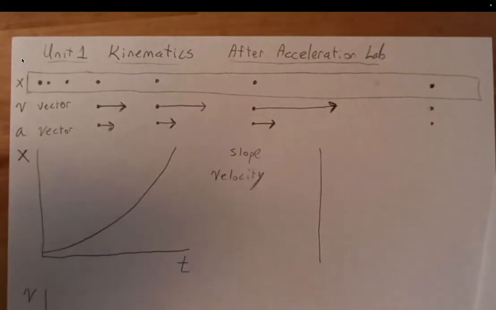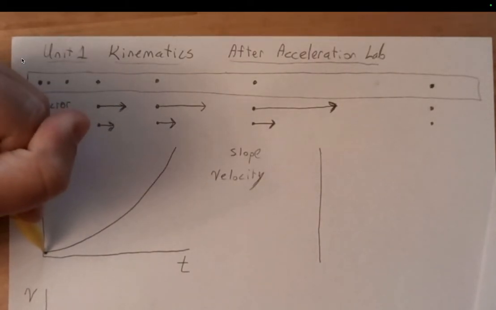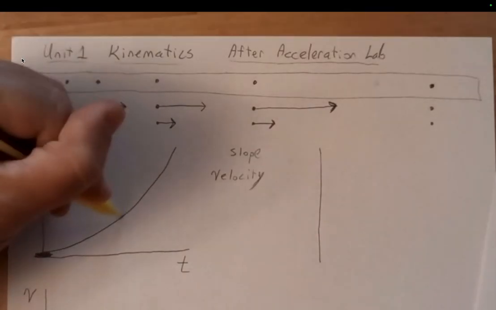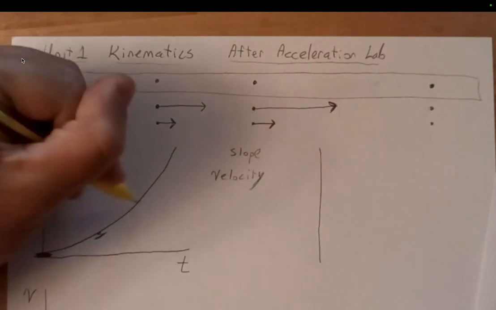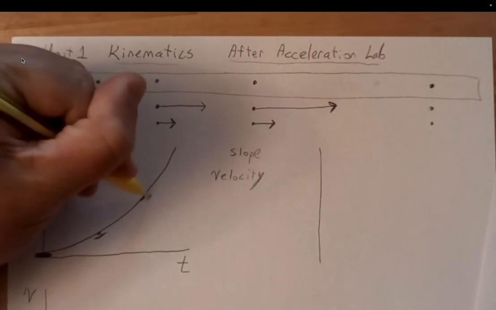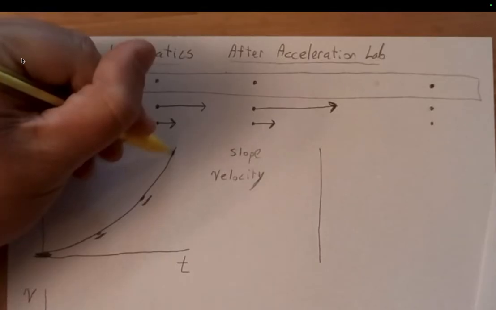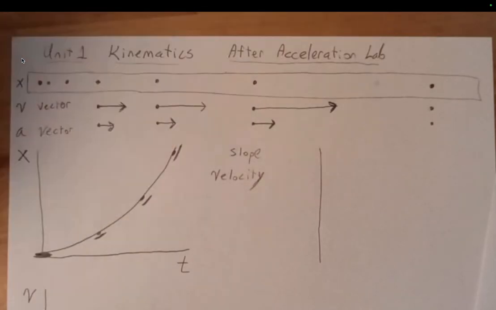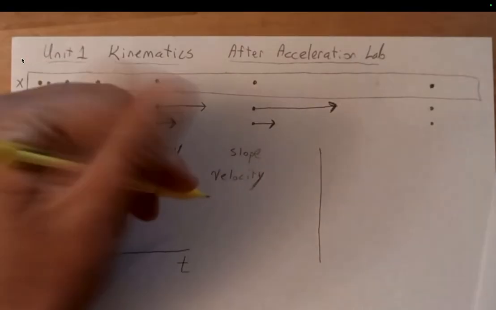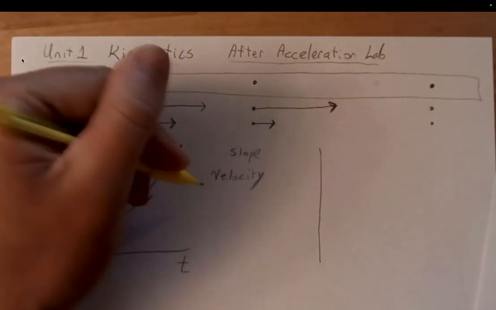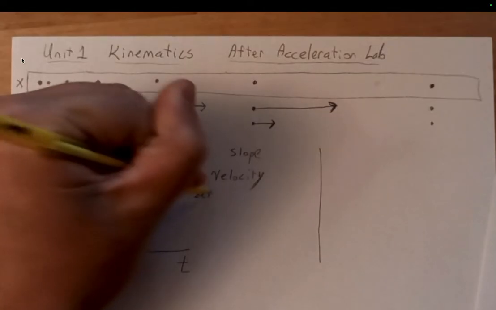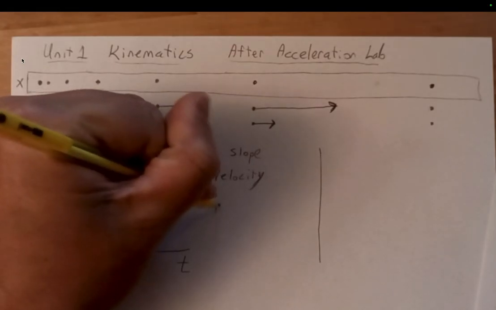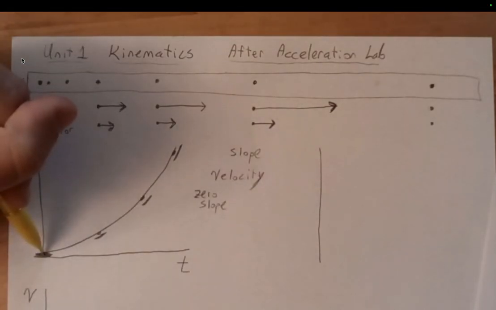And I see that as I start off at the very initial point in time, it looks like this is a zero slope, and then as I move on to a later point in time, it gets to be more positive, and then at a later point in time, I get even more positive, then a later point in time, I have it even more positive. So my slope initially is going to start off with a zero slope.